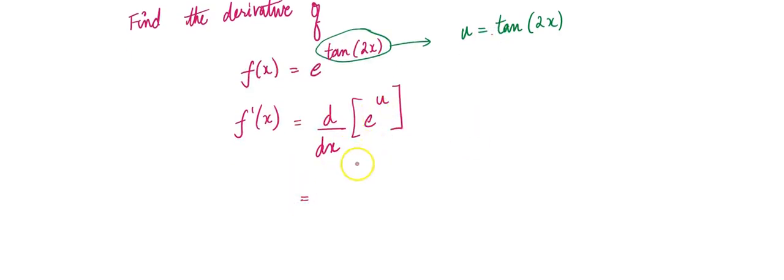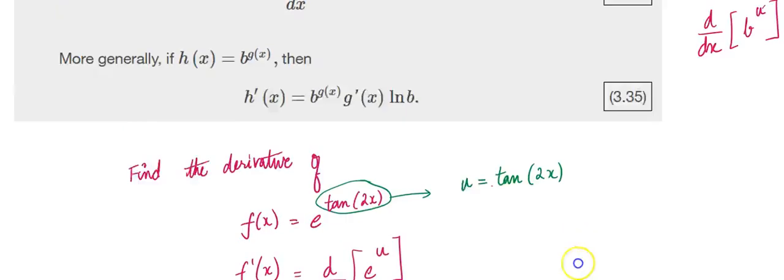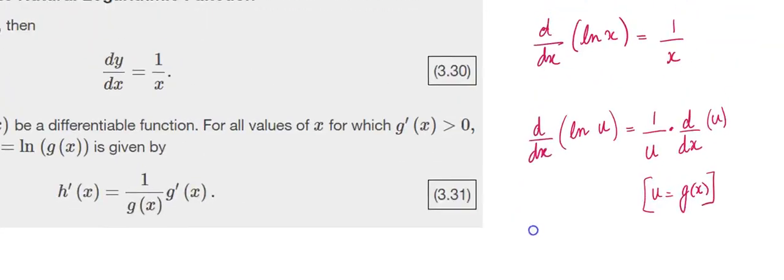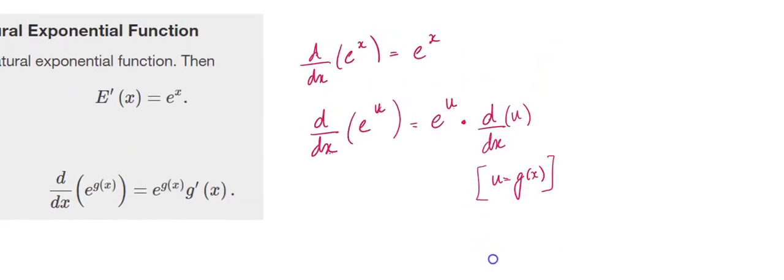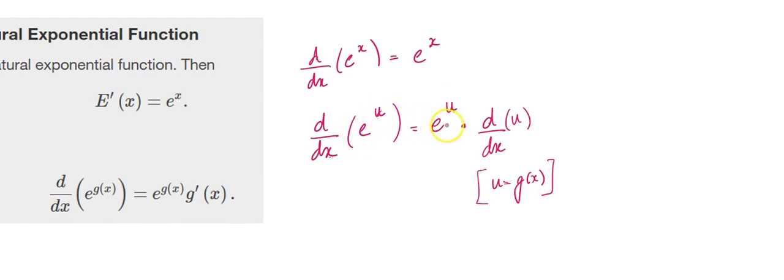We know that the derivative of e power u is e power u itself times the derivative of that u. Agreed? Let's go back to check that. That was the very first thing we did, right? Derivative of u is an additional 1 to the e power u.